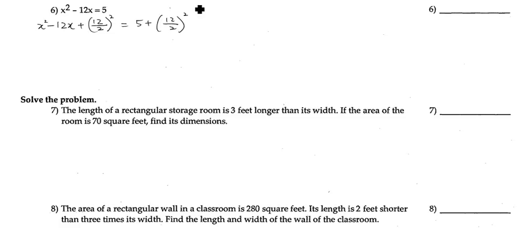And once we combine them together, that will become (x minus 6) squared, which is equal to 5 plus 6 squared. That would be 36. Add them together is 41.